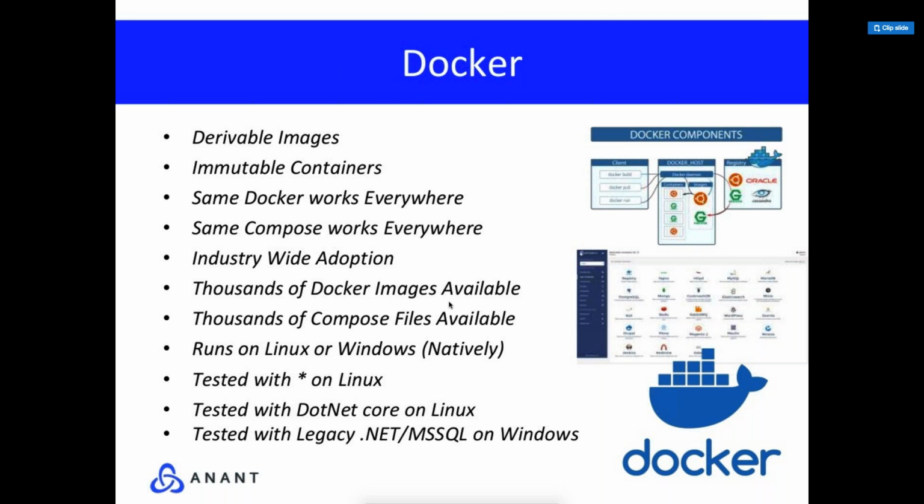This idea of derivable images means if somebody has published an image for Ubuntu, I can say derive from, which is a keyword, from Ubuntu, apt-get install, which is a way to install software on Ubuntu, Apache, and add my files to this container.